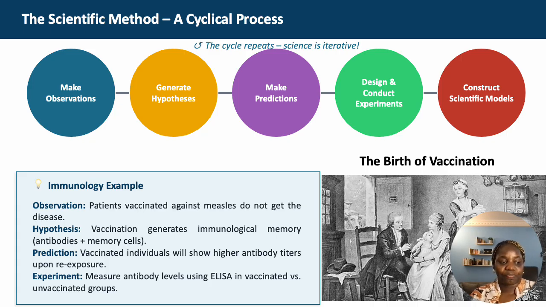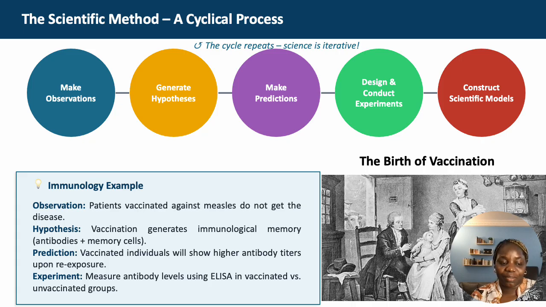But at the end of the day, your answer will lead to new questions, and you will continue with new experiments. That's why science itself is considered iterative, because it's a cycle.